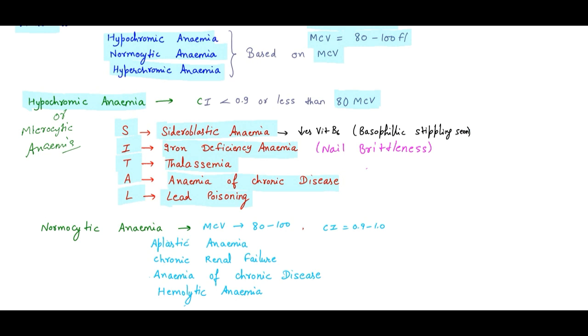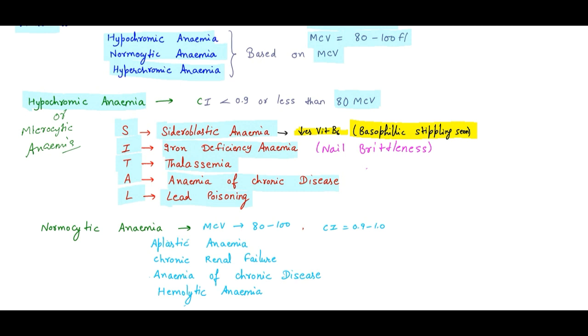In sideroblastic anemia, there is a decrease of vitamin B6, and remember the basophilic stippling seen in sideroblastic anemia. A decrease of vitamin B6 leads to peripheral neuropathy.